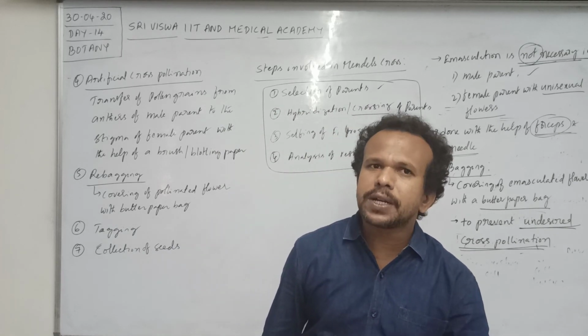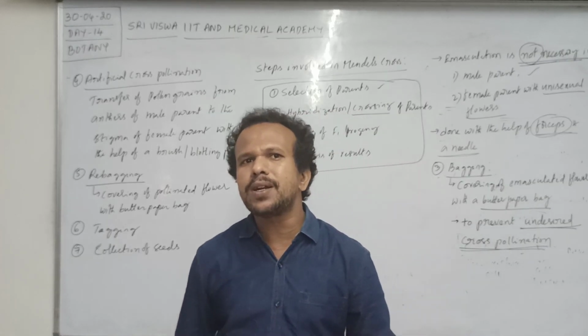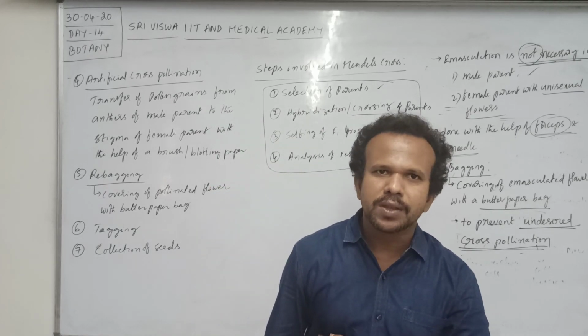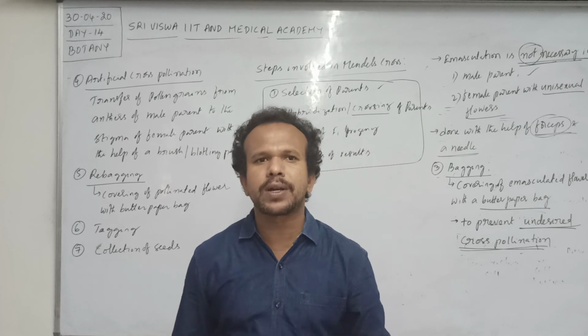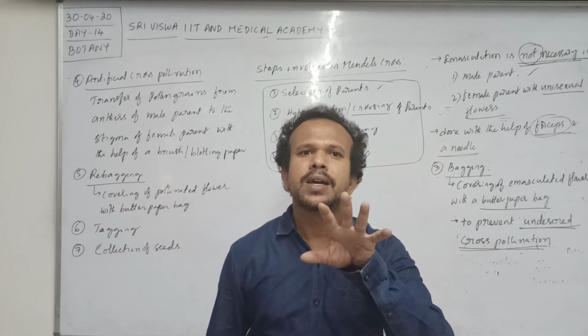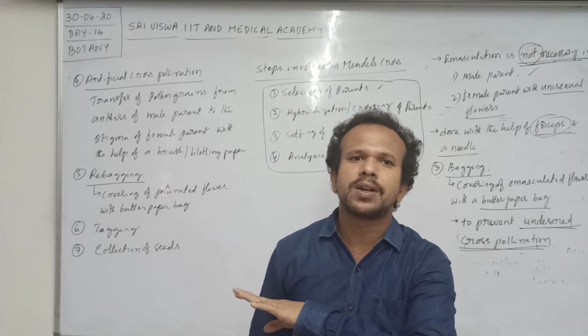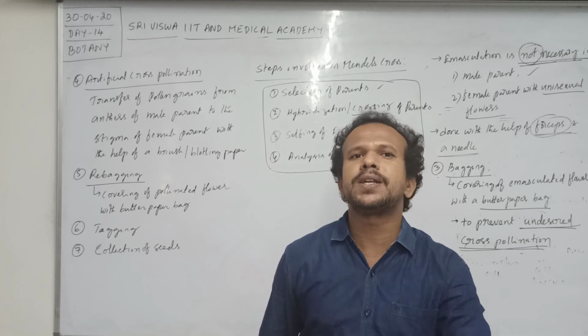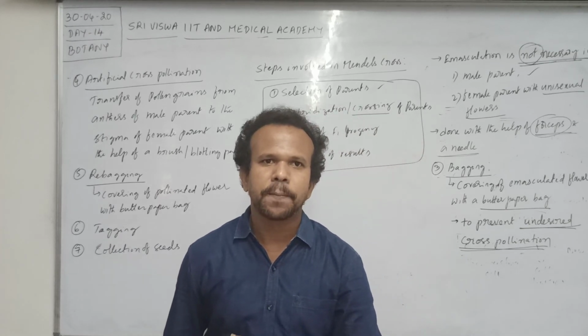A dihybrid cross is a cross made between two parents differing in two traits. This terminology is very important. Read the terminology carefully before starting the chapter on genetics. Okay, thank you.